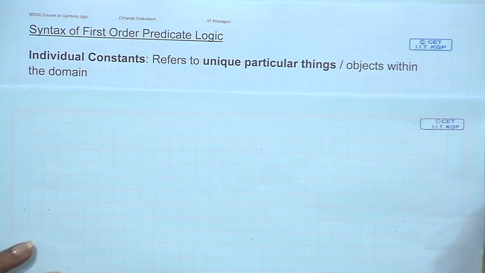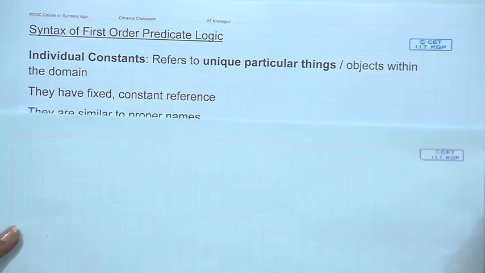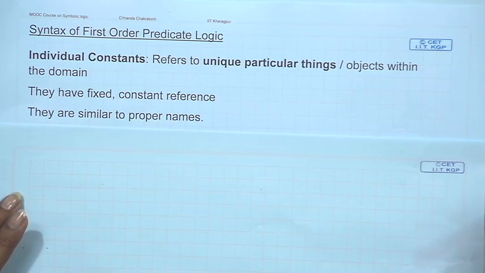In a way, the individual constants work like proper names. You know, when you are sitting in a class, a whole lot of people, but when your name is called, you respond, isn't it? So, in a way, your name picks you out from the entire classroom, and that is why you respond to it.